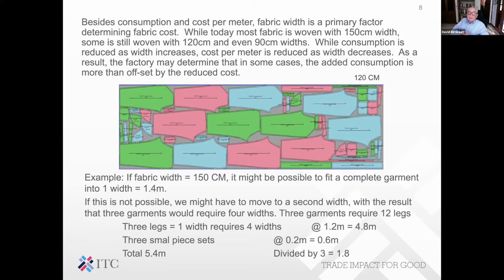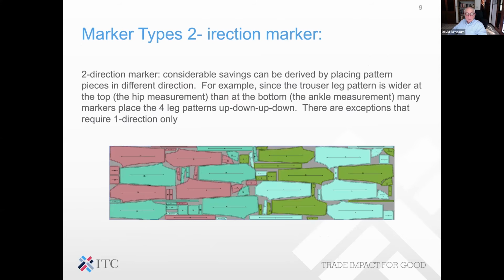It might be the fact that there is a print, or it's a plaid that only moves in one direction. It could be the nature of the fabric, so that, for example, velveteen or corduroy has to be done in one direction, or else it'll be shaded. You can have a marker where you're going in 2 directions, such as you have here.